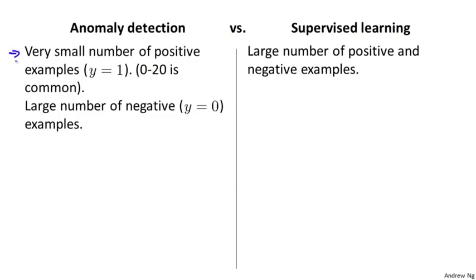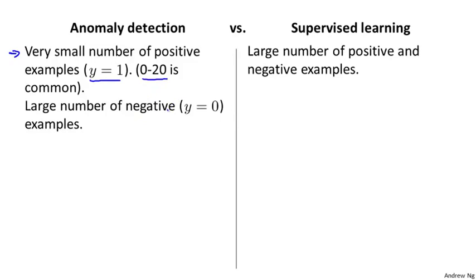If you have a problem with a very small number of positive examples, and remember, examples of y equals 1 are the anomalous examples, then you might consider using an anomaly detection algorithm instead. So having 0 to 20, maybe up to 50 positive examples might be pretty typical, and usually when we have such a small set of positive examples, we're going to save the positive examples just for the cross-validation set and the test set.